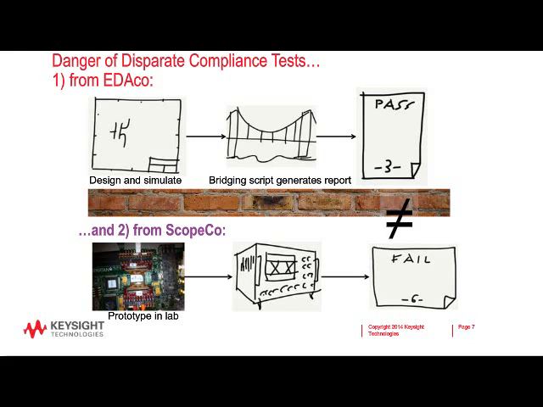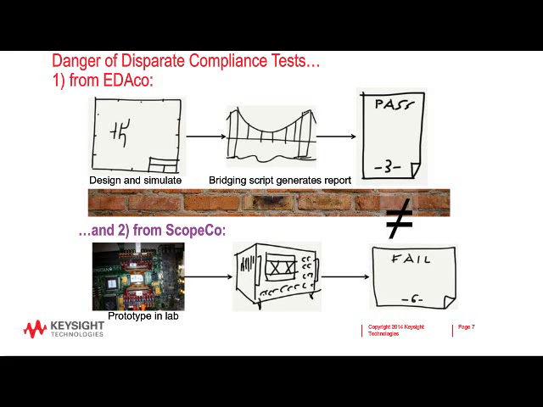On the strength of that pass, you invest the time and money to build a prototype. Then you get the prototype back from the fab and set it up in your lab as part of the test bench. You might capture the DQS bursts with your oscilloscope, and your oscilloscope vendor, if it's not Keysight, might provide an app that generates a compliance report. But now let's say this report says fail.